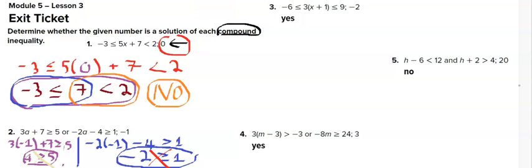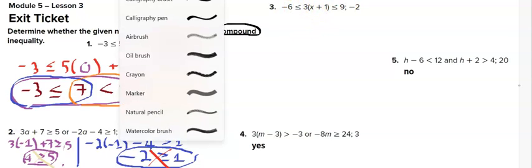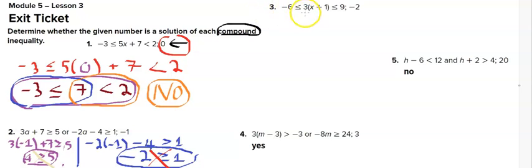Problem first, please. Number 3. Good job.